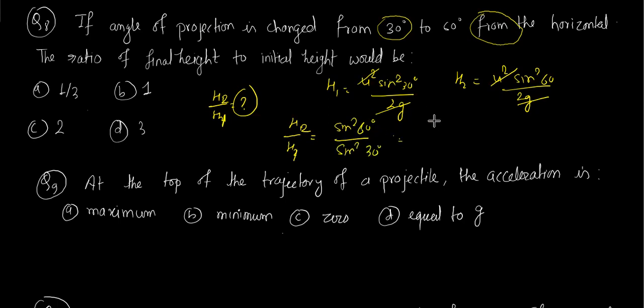Its values are (root 3 by 2) square by (1 by 2) square, which is 3 by 4 over 1 by 4, so 3 by 1. After cancellation the answer is surely 3, so our correct answer is option D.